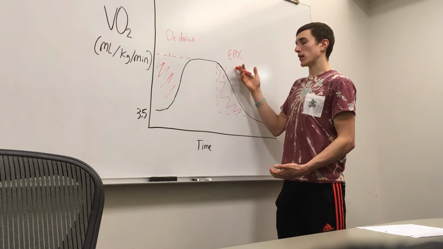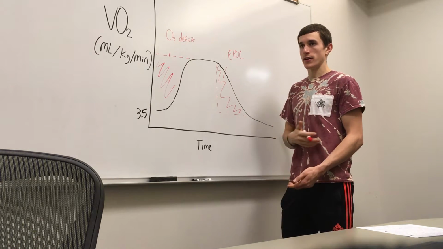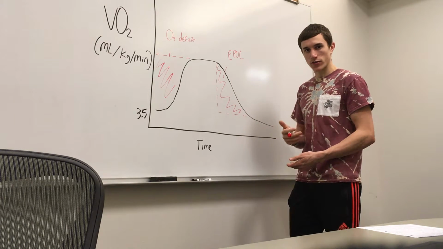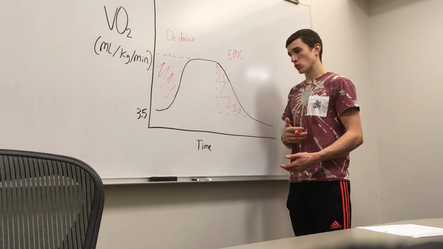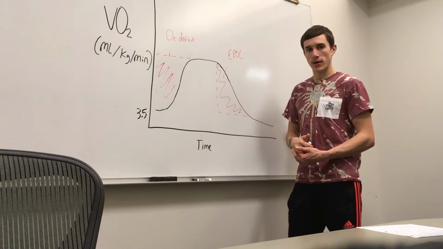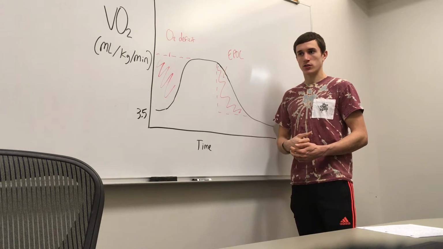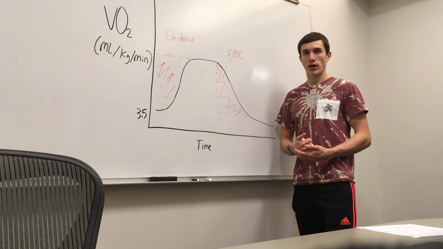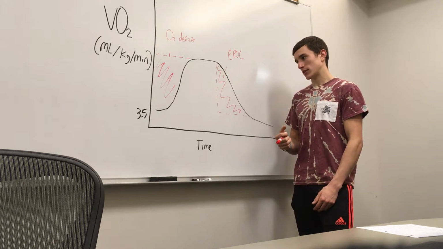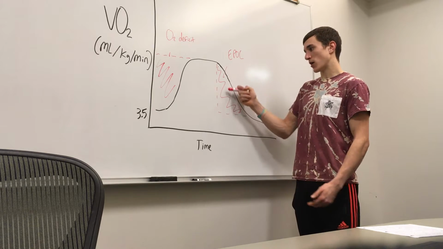And this has actually gotten a lot of popularity in recent years because of its application to weight loss and training. There have been many new regimens such as high-intensity interval training, or HIIT, whose goal is to maximize the EPOC.